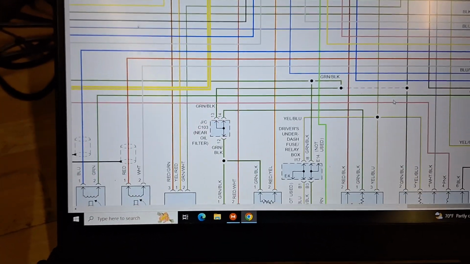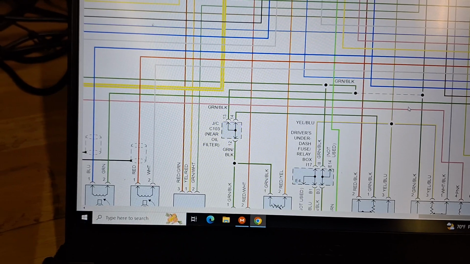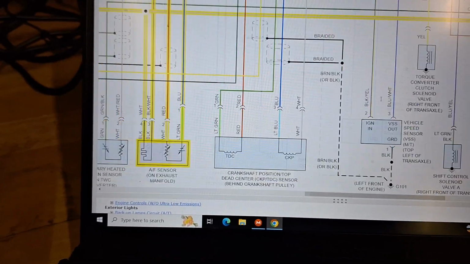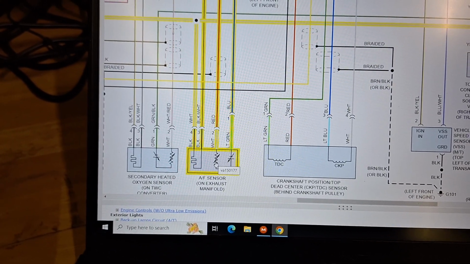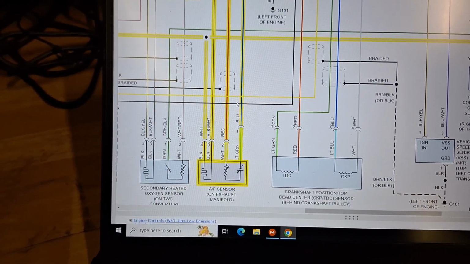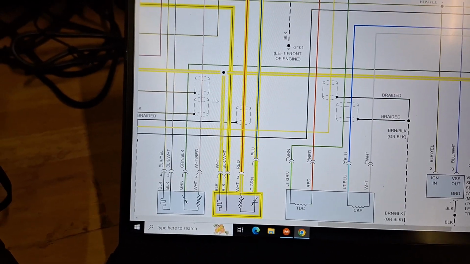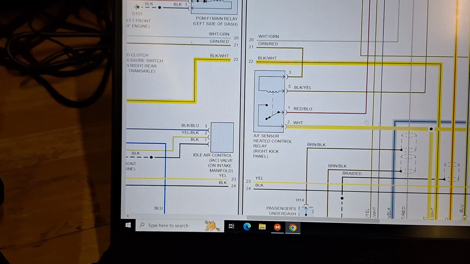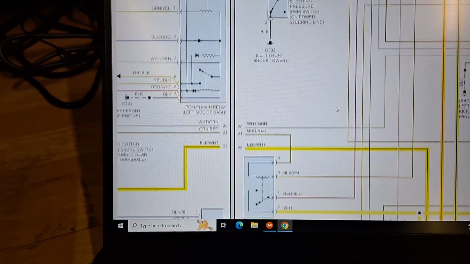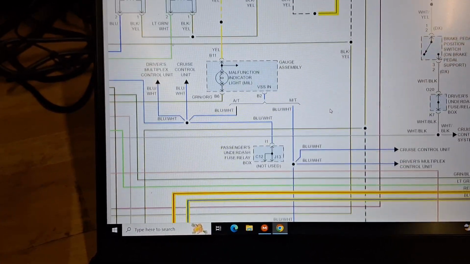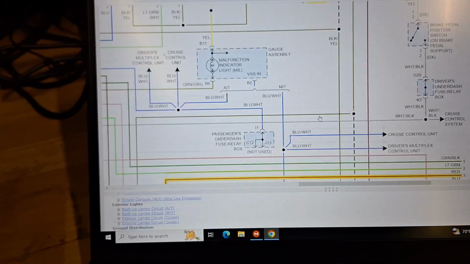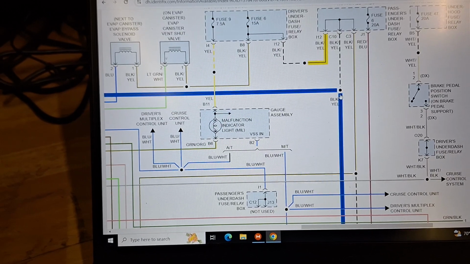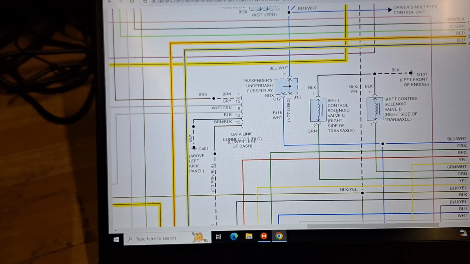Now let's see, heater failure and a heater circuit. Now why is this related to that? Okay, so they're not tied together.